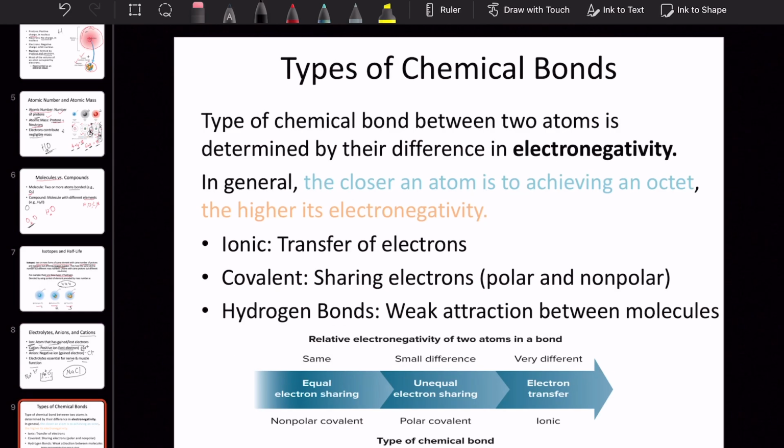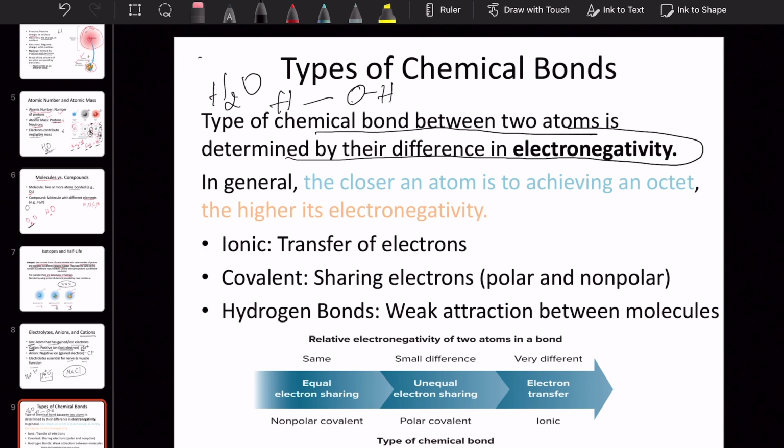Types of chemical bonds. When you form, for example, water, the oxygen has to bond with the hydrogen. So there's a chemical bond between the oxygen and hydrogen. There can be different types, depending on the electronegativity.